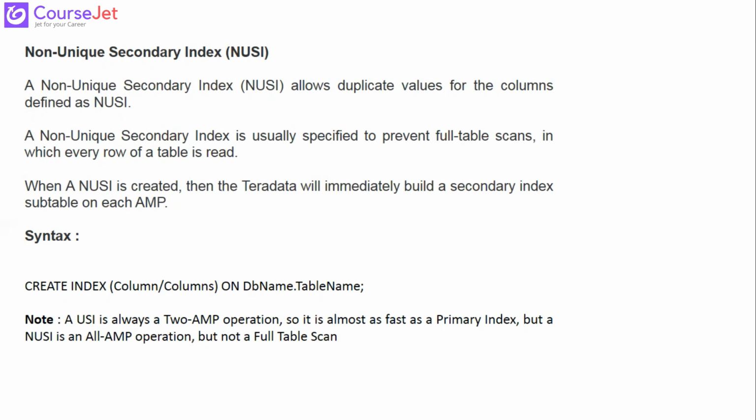All the AMPs will be working with a non-unique secondary index, because it's a duplicated value and could be in any of the AMPs. In the case of a unique secondary index, one AMP will have the value and the other AMP will hash the value, so it's a 2 AMP operation, and in case of non-unique, it's an all-AMP operation.